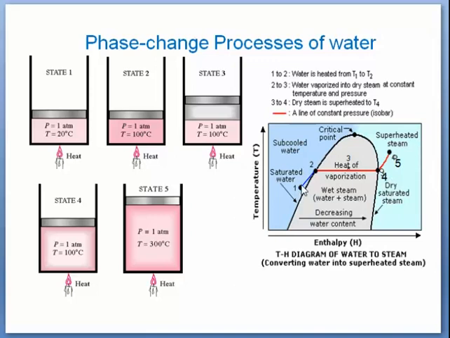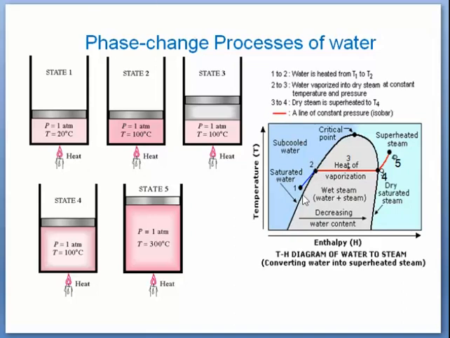So when water is heated from point 1 at 20 degrees centigrade, first it reaches its saturation temperature of 100 degrees centigrade at 1 atmospheric pressure, and the phase remains liquid itself. So this process of 1 to 2 is known as sensible heating.